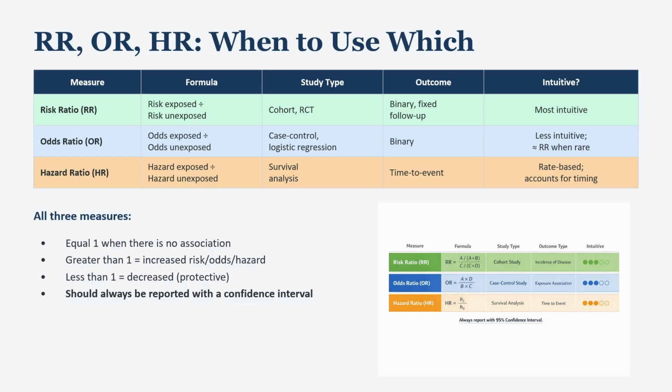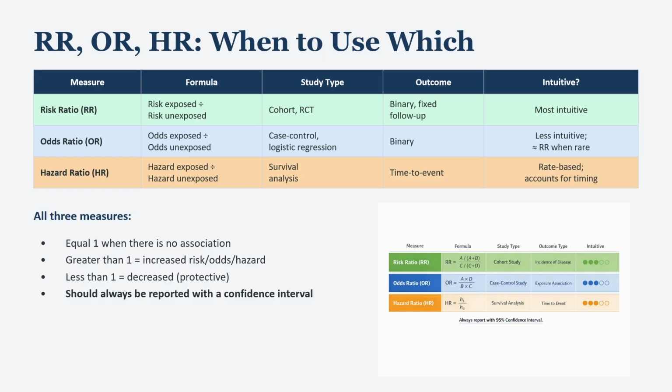Hazard ratio: survival analysis, time to event outcomes, accounts for the timing of events and for censoring. Less intuitive than RR, but more powerful for longitudinal data. In oncology, cardiology, and any study involving time to death or time to recurrence, you're reading hazard ratios.